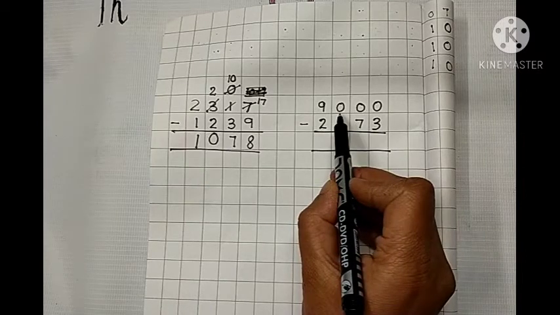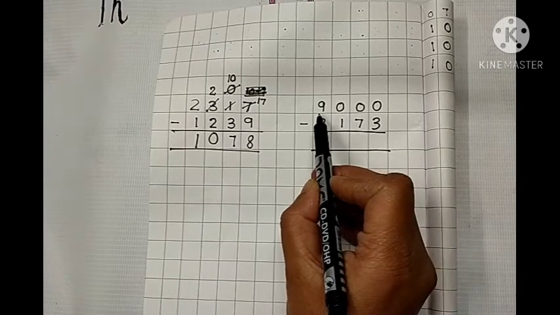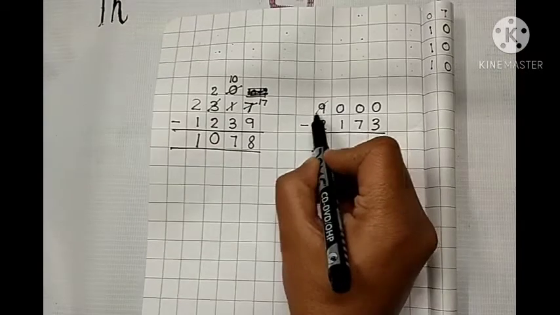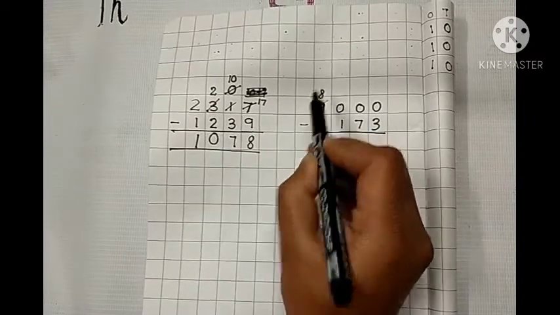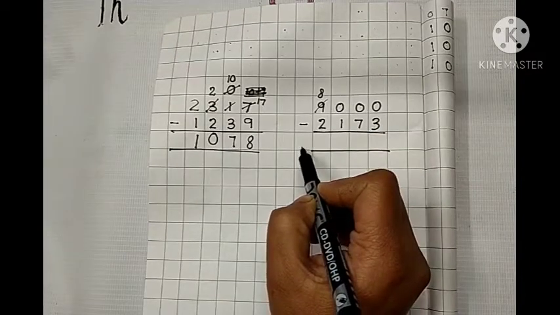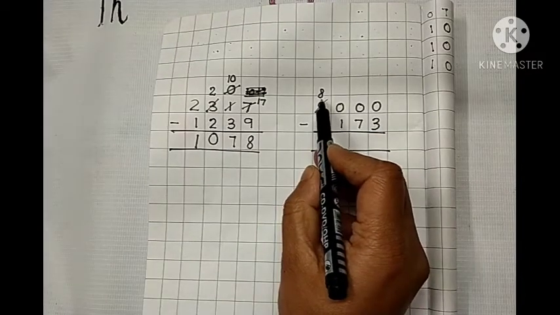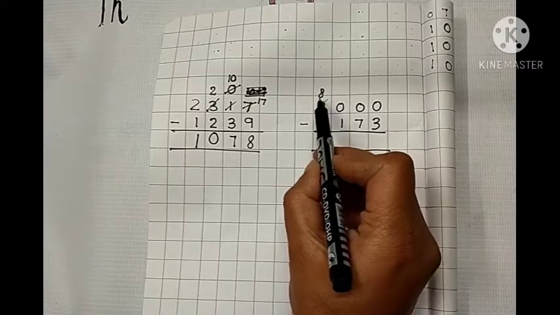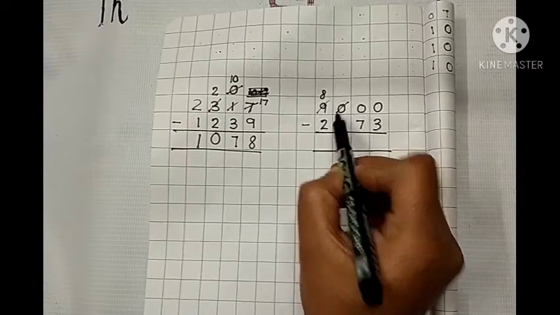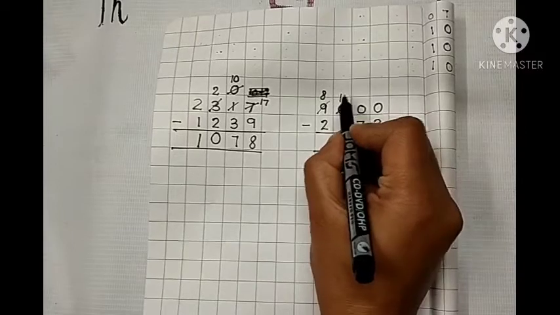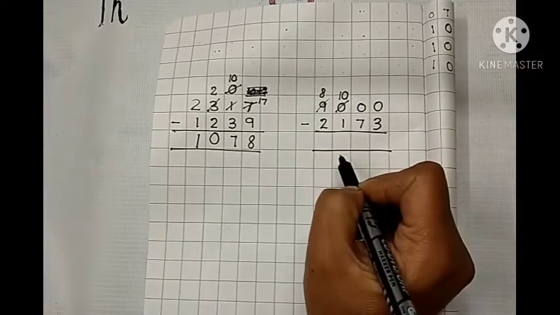This number doesn't contain any hundreds, but we know that there are 9 thousands. So 9 thousands we'll borrow, यानी कि हम उधार लेंगे 1000 से. और अगर हम 1000 को तोड़ते हैं तो how many hundreds will make? 10.